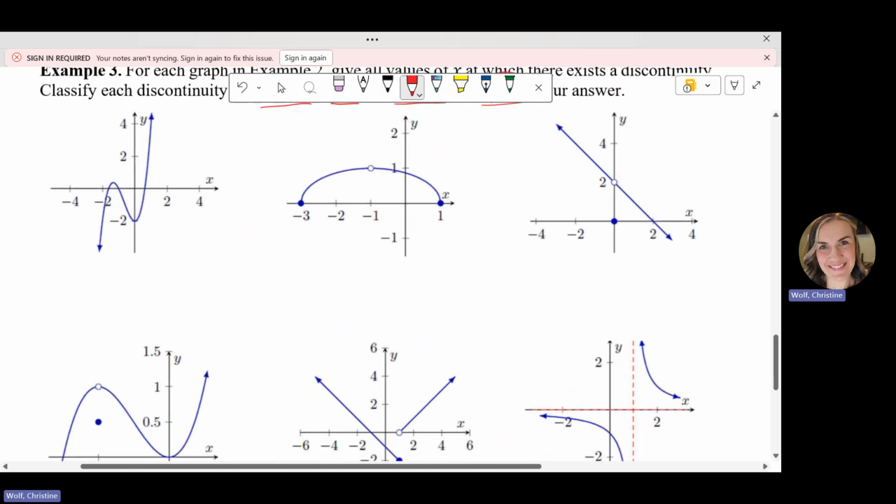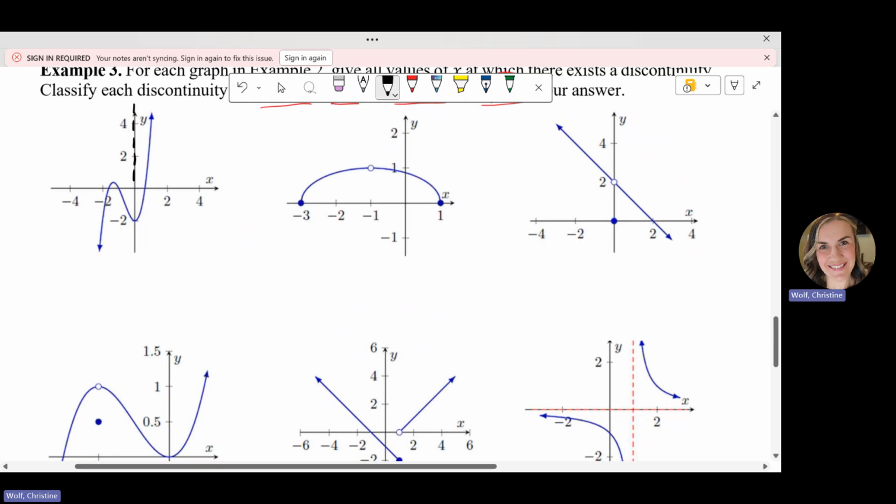Okay. So remember, for a graph to be continuous, that means that the limit exists and it's equal to f of a. So when we did this graph on Friday, we were looking at x equals 0.